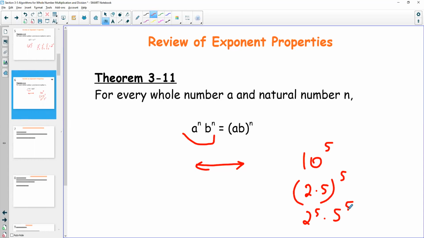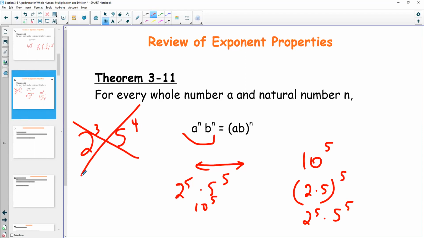They mean the same thing and they're the same quantity, okay? Or I could start with 2 to the 5th times 5 to the 5th and write it as 10 to the 5th. As long as the exponent is the same, this is okay. But if I had 2 to the 3rd times 5 to the 4th, that doesn't work. I can't do this process.